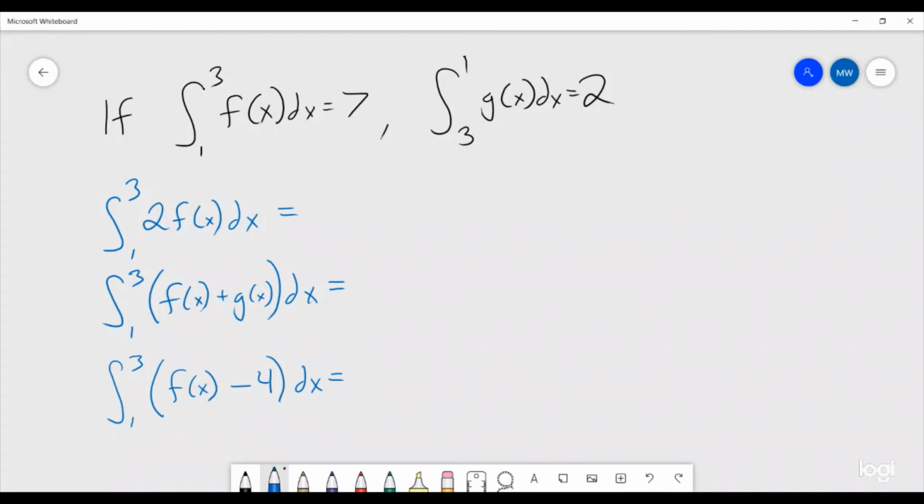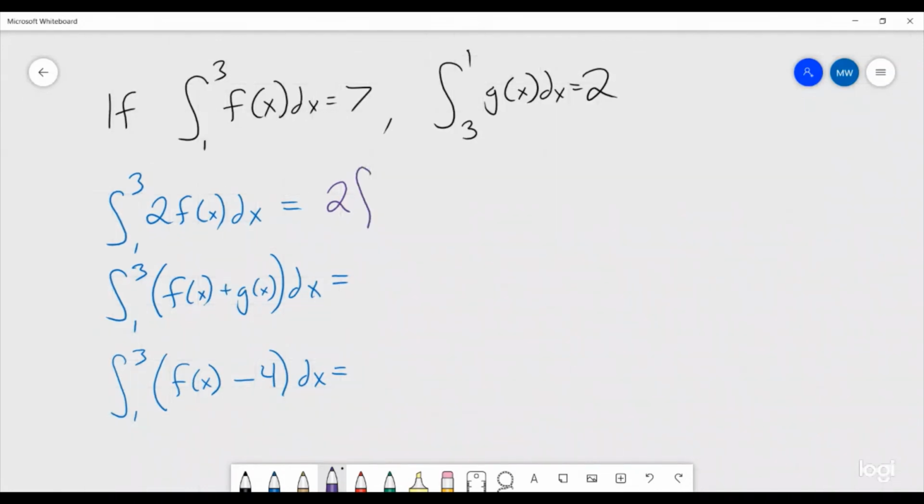Go ahead, pause the video, and calculate what each of those are. So some of the rules we can use with these, we can pull any constants out, any constants that are multiplied through. So this first one becomes 2 times the integral of f of x dx, which is going to be 2 times 7, so this one is 14.